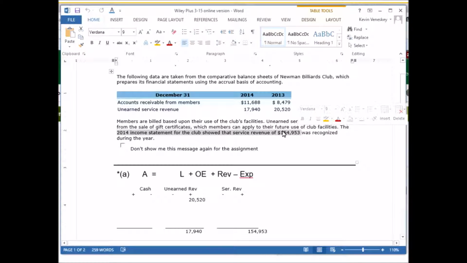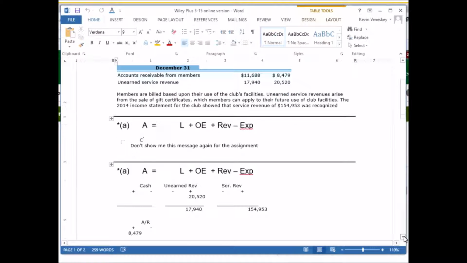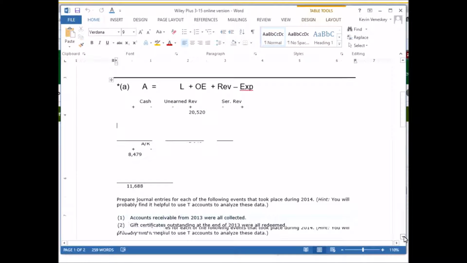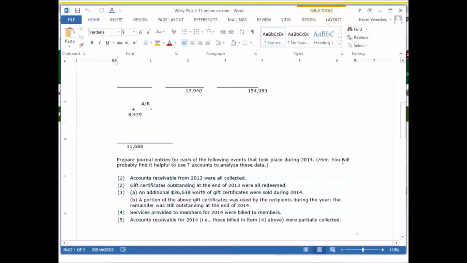The total income statement showed $154,953 in revenue. So that's my total. What I want to figure out as we're going through is, what did I do to get to that total? That's what our journal entries down here are going to do. Again, it says you will want to make T accounts. That's what we're doing.